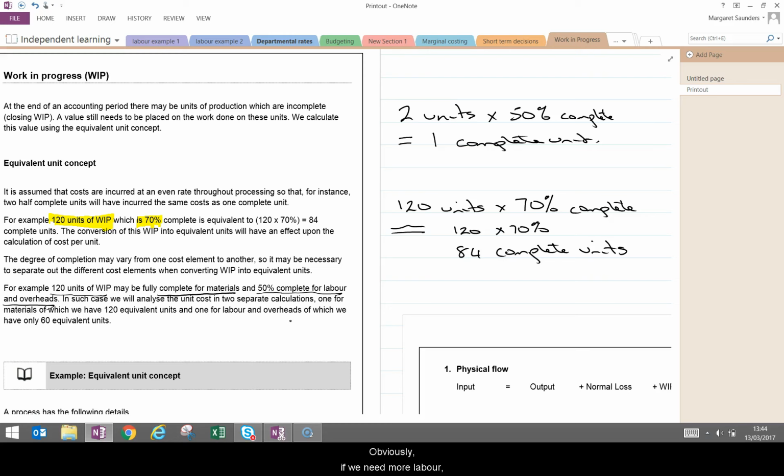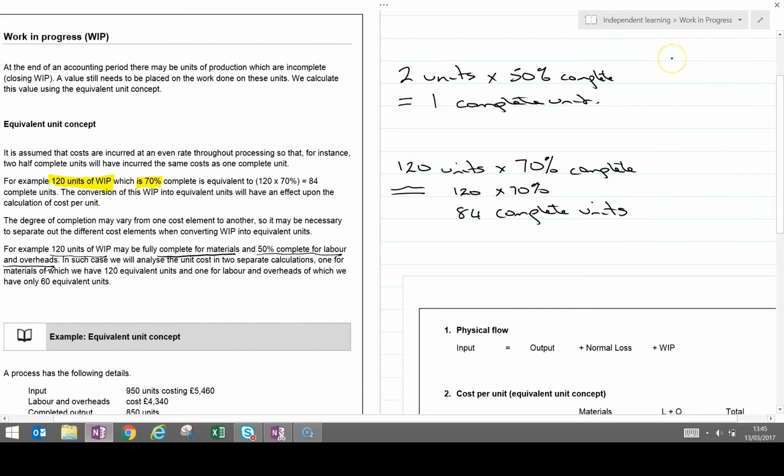And obviously if we need more labour, we're going to have more overheads. So we're going to look at an example now as to how to value not only the work in progress, but also the units that are complete when we are told that there is a work in progress.